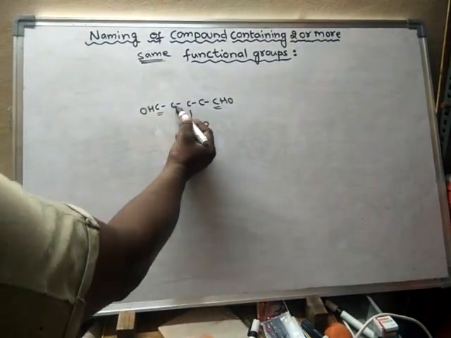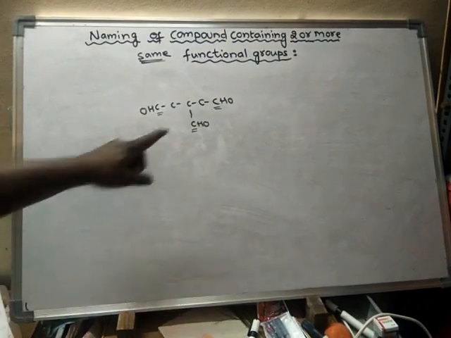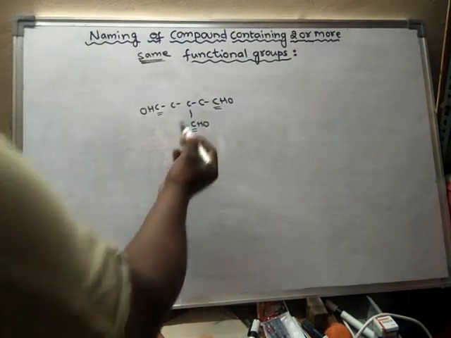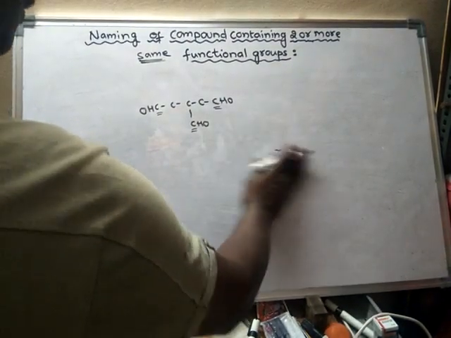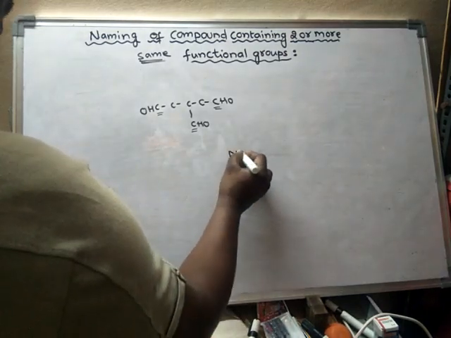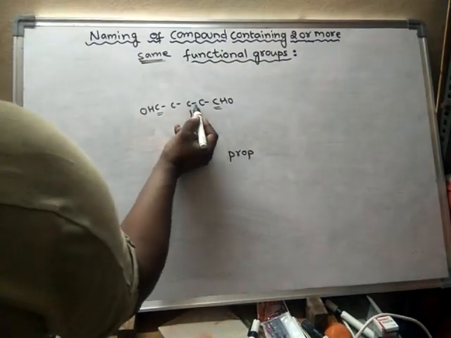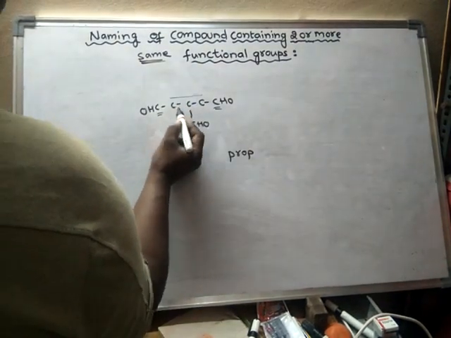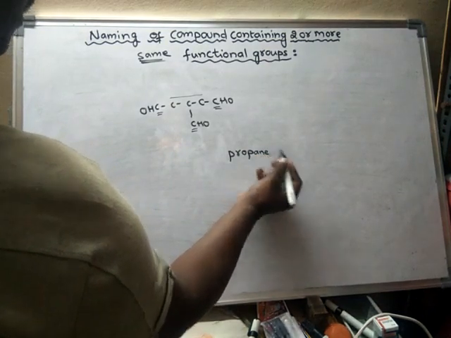The other carbons present should be counted for the parent chain. So what is the parent chain now? Prop. The parent chain is prop. And between these carbons there is only a single bond, hence A.